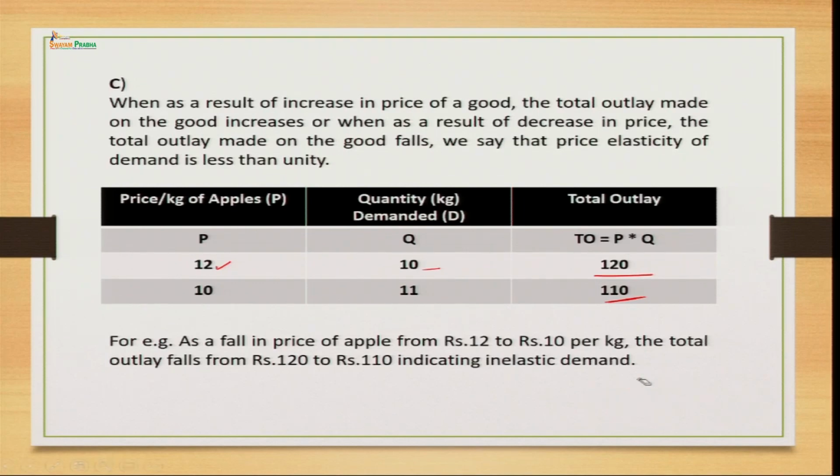So, I believe these methods are also clear. 3 methods we have discussed here. The ratio or percentage method, the very first method, is used to calculate the elasticity at a specific point, and there is a little change for calculating this method.